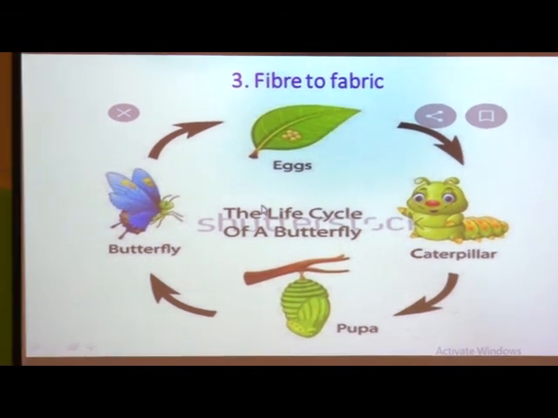And after that some travelers spread that information around the world. And in India, which types of silk moth or silk fibers are there, we also discussed. So, tussar silk, then kosa silk is also there, eri silk is also there. So, these types of silk fibers are found in India.